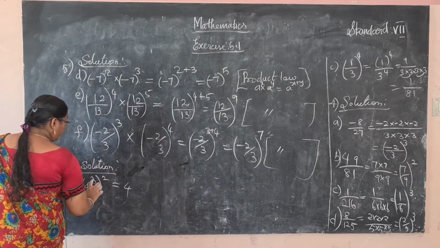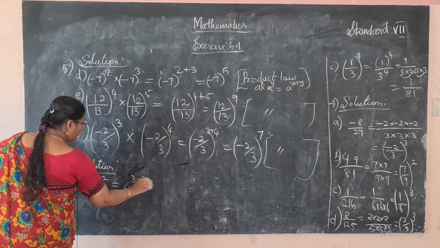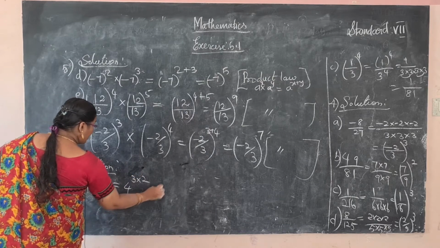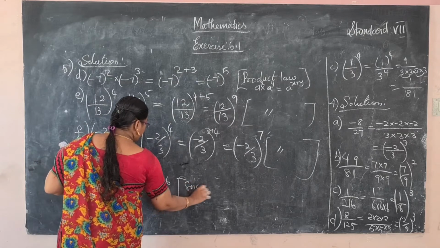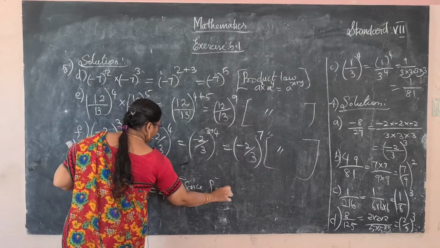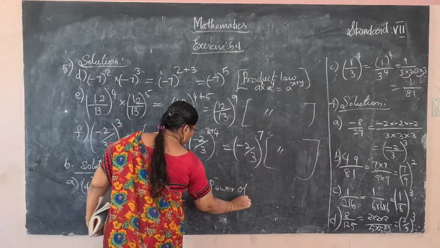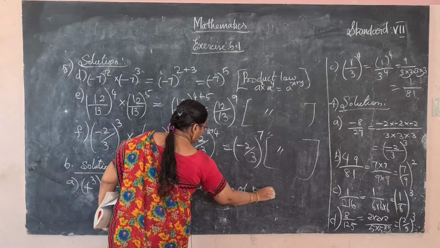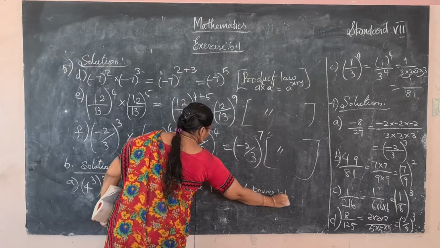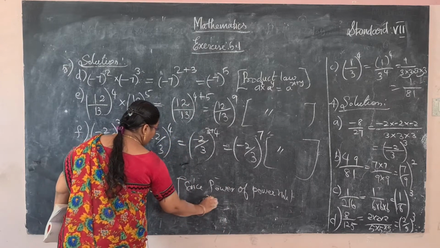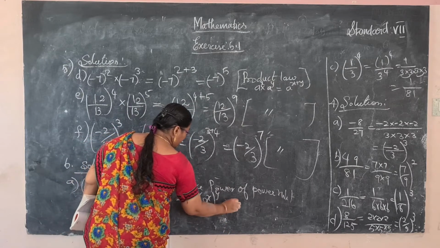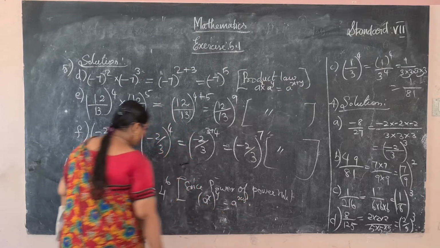So the powers will be multiplied, 3 twos are 6. So 4 power 6. Since power of power rule, what is that? a power x the whole power y is equal to a power xy.